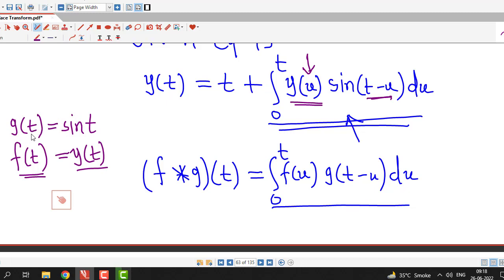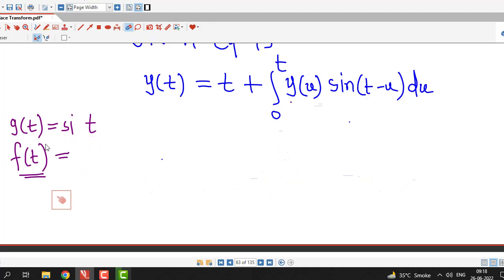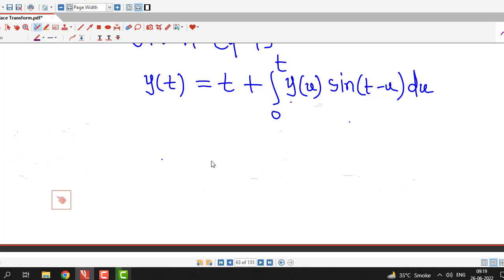And if I consider g of t equal to sine t, then sine of t minus u will be equal to g of t minus u. So we are able to write this integral as the convolution of two functions, y and sine t. So we can directly write that this is nothing but convolution of function y and function sine t.